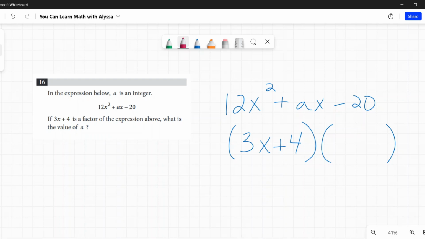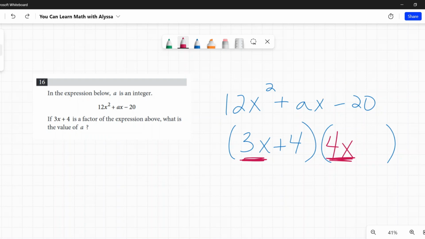So I know this first term times this first term, when I multiply those together, are going to give me that 12x squared. This is going to be something with x. So 3 times what equals 12? That's going to be 4.